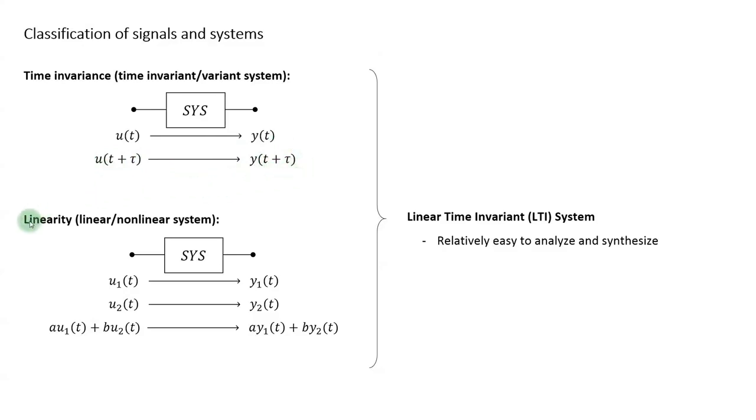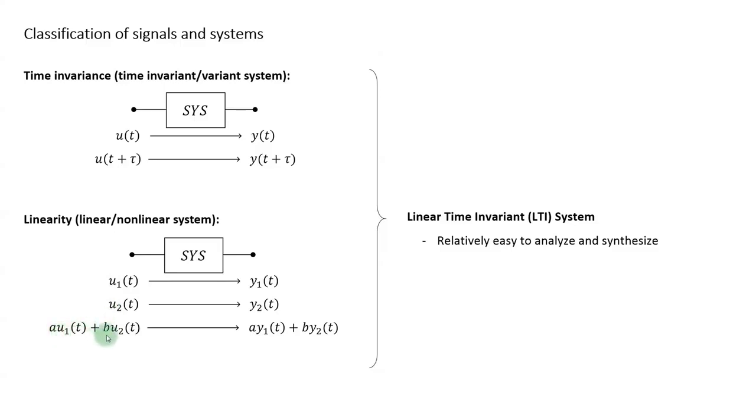Now, linearity. Let's have a system. When I feed this system signal u sub 1 of t, I will get some output y sub 1 of t. When I feed the system u sub 2 of t, I will get a different output y sub 2 of t. Now, the linearity of this system will depend on what happens when I feed the system this combination of these two inputs.